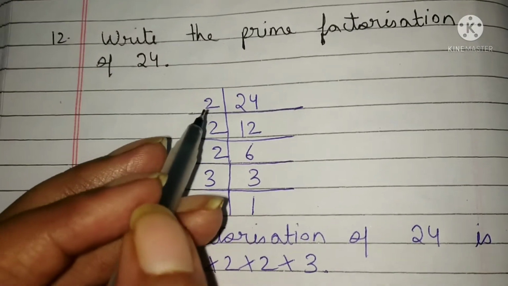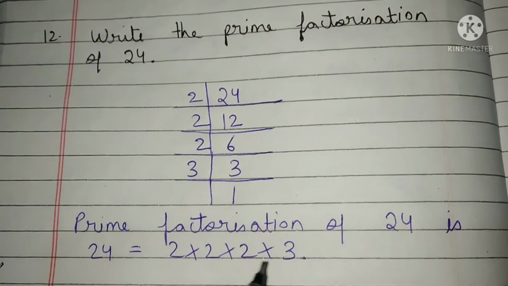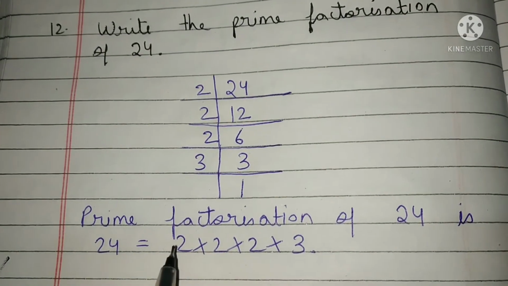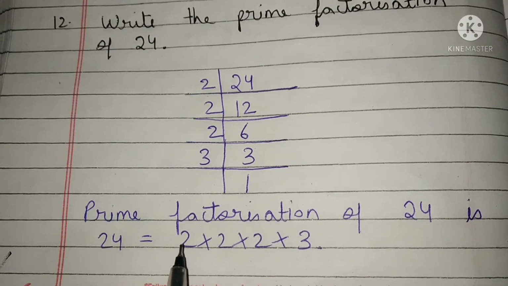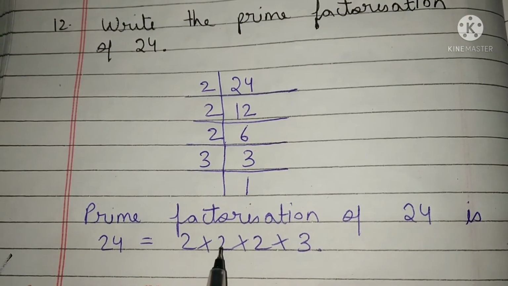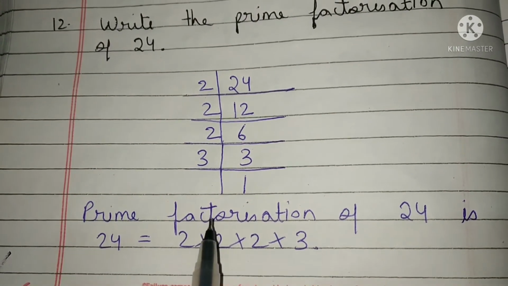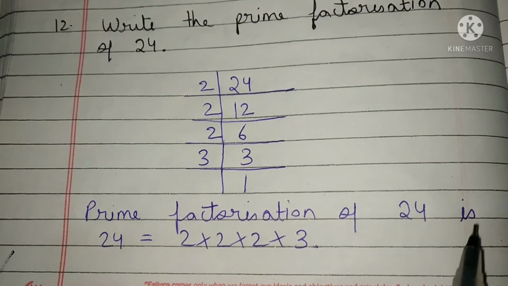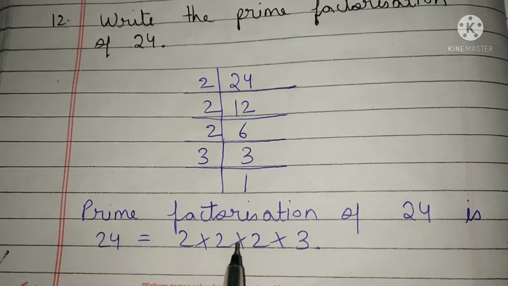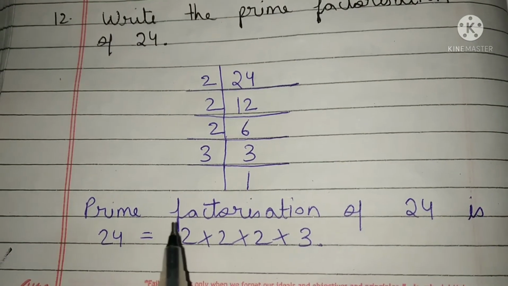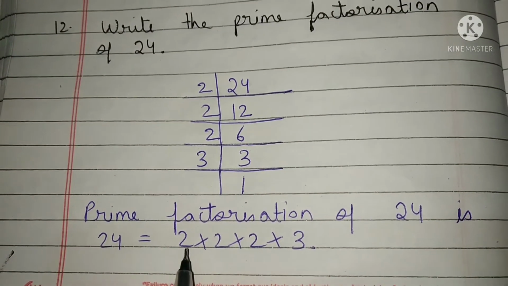Students, we will write all the factors of 24 in the multiplication form like this. 2 into 2 into 2 into 3. Prime factorization of 24 is equal to 2 into 2 into 2 into 3. Students, this is called the prime factorization of 24.